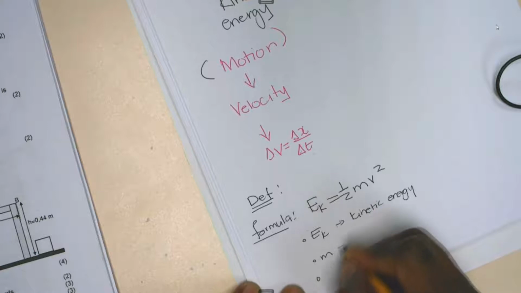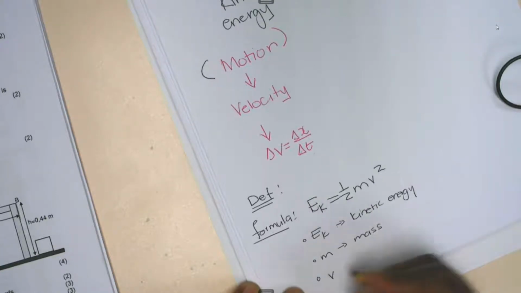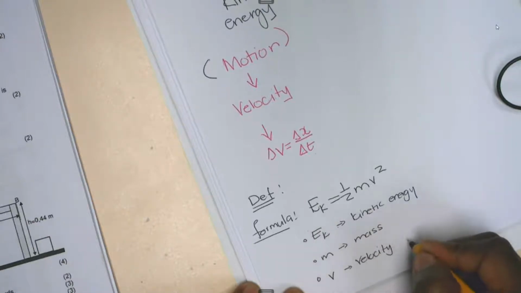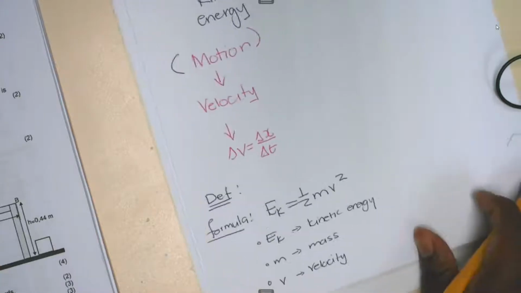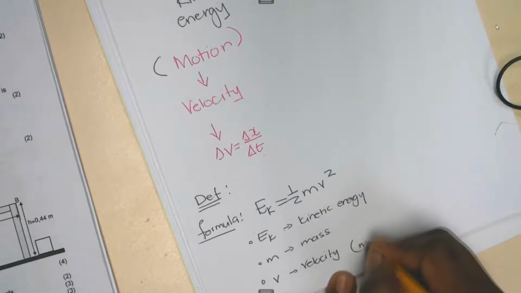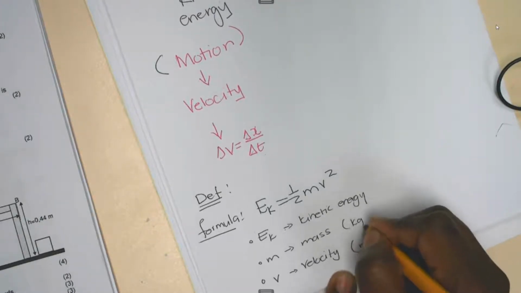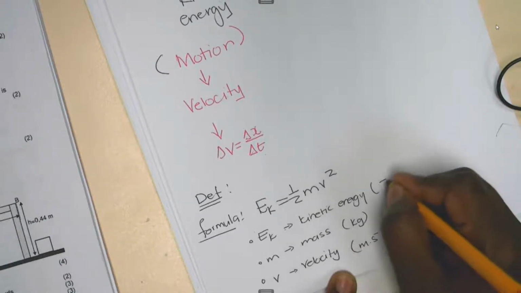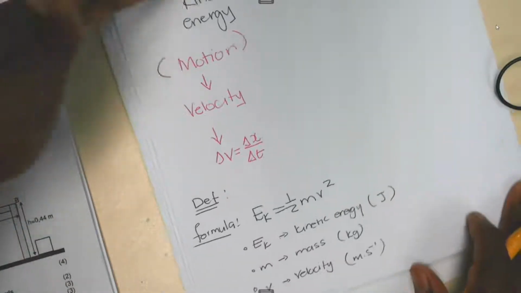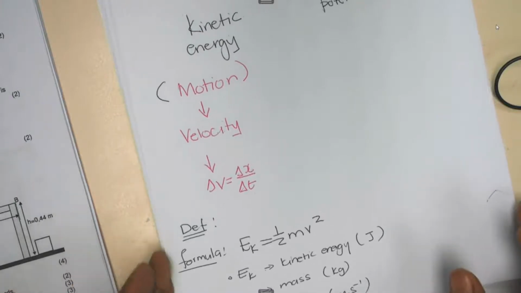M is the mass of the object. And V is the velocity of the object. Now, the SI unit for velocity is meter per second squared. For mass, it is kilogram, and for kinetic energy it is the joule. So, kinetic energy, the energy an object has because of its motion.